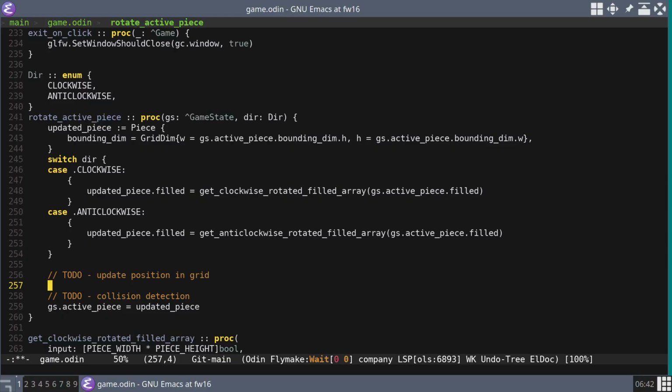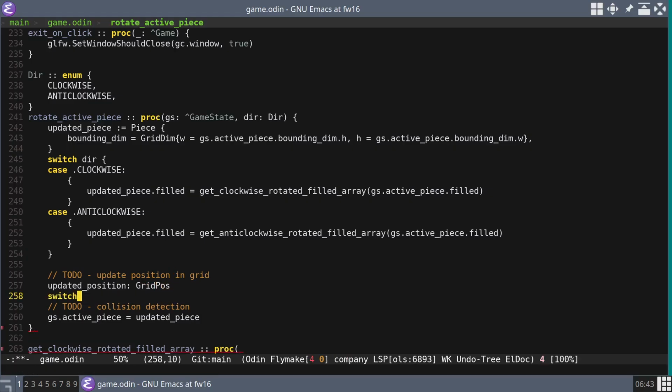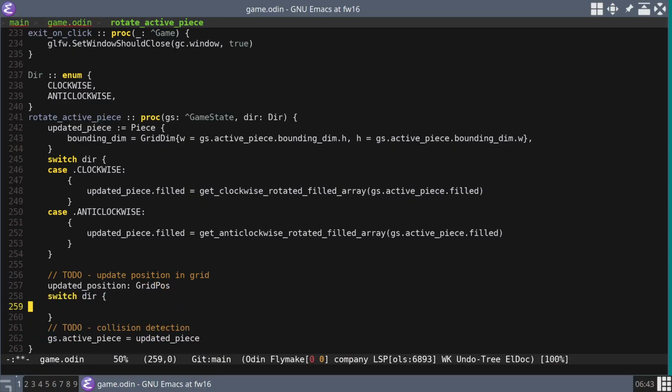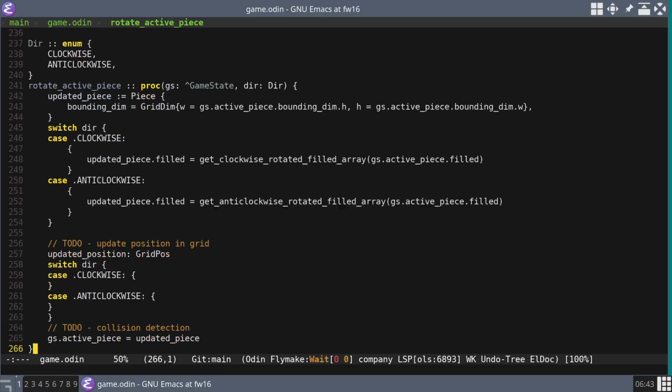How do we do this then? So we've got updated piece. I guess we're going to want something like updated position, which will be a grid pos. And again, I think we might switch direction. Case clockwise does one thing, case anti-clockwise does the other thing.